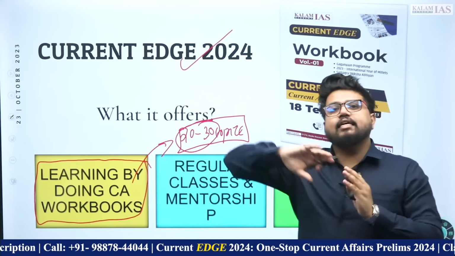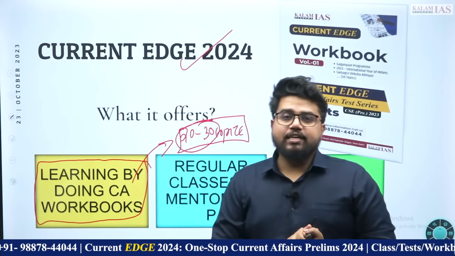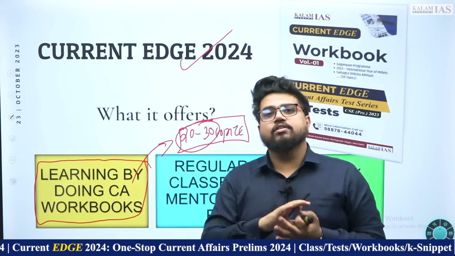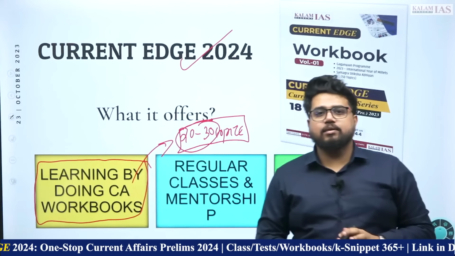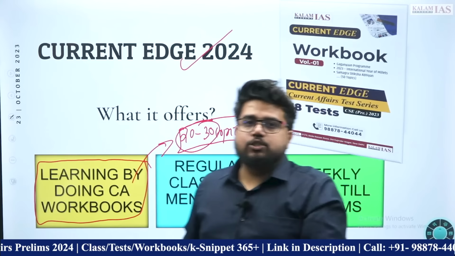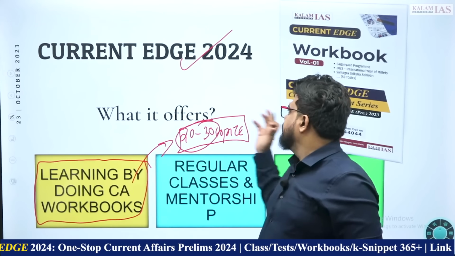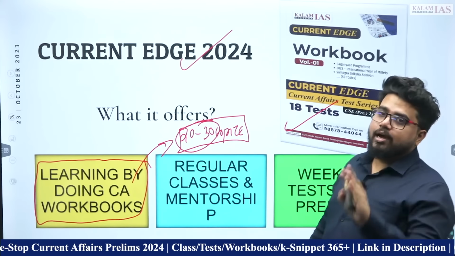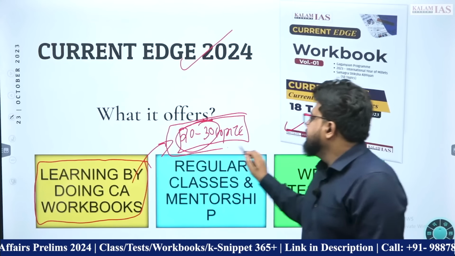We try to interlink these topics. We try to build bridges between these topics and other static knowledge from the subject. All the factual information you will be given in your current affairs books. What you have to do is build the interlinkages.